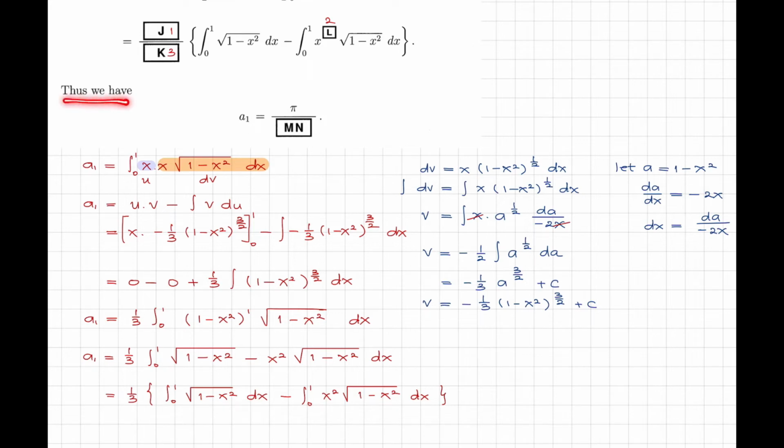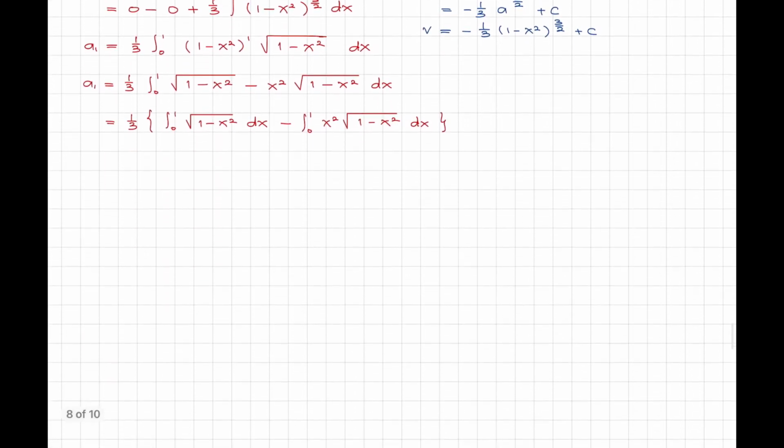And then thus we have a1 is equal to this. We have to calculate a1 until we got the answer. How to calculate this? If you observe the first part of our integration is equal to A0.